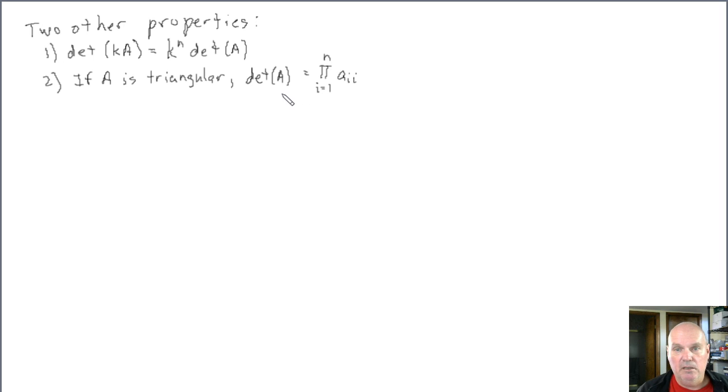From this we immediately get that the determinant of any identity matrix is going to be 1. So I could actually use this.